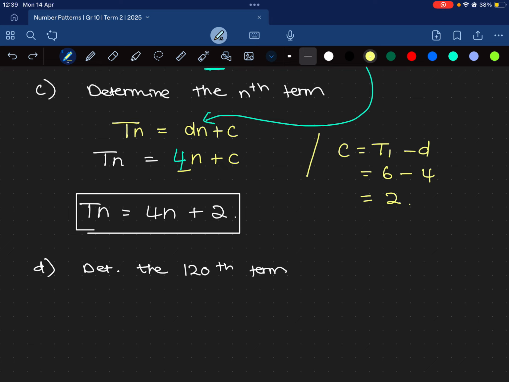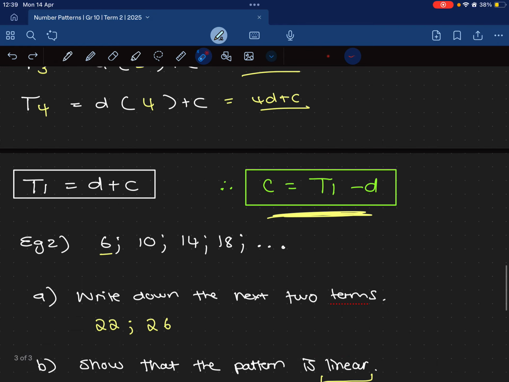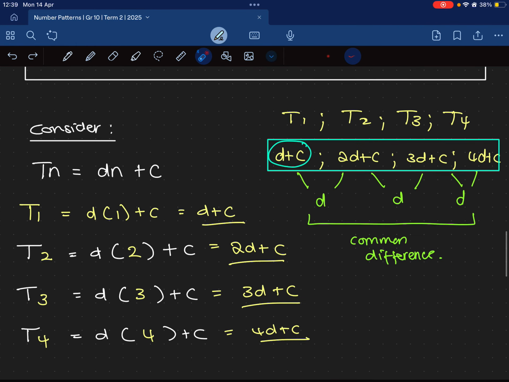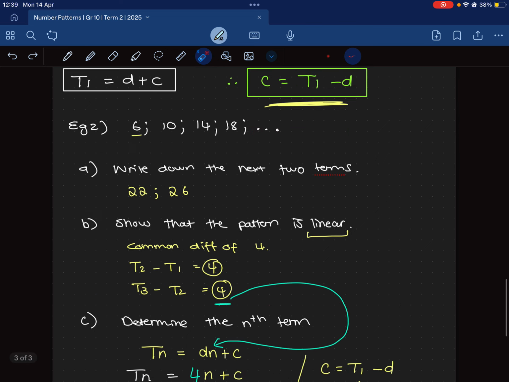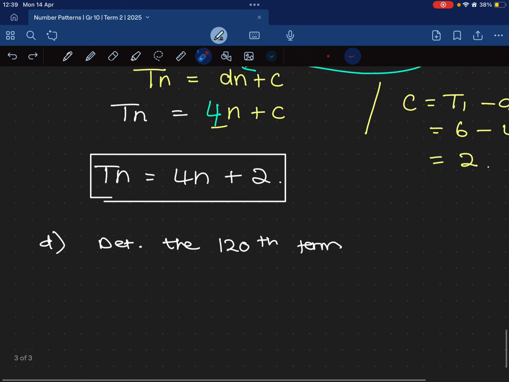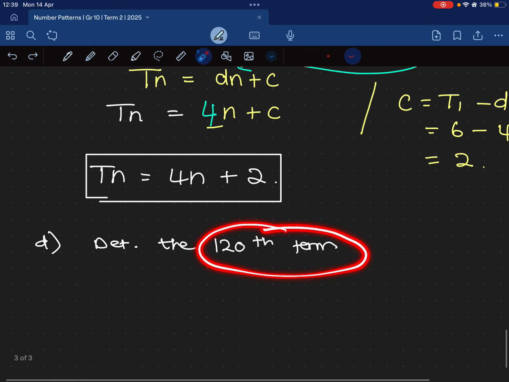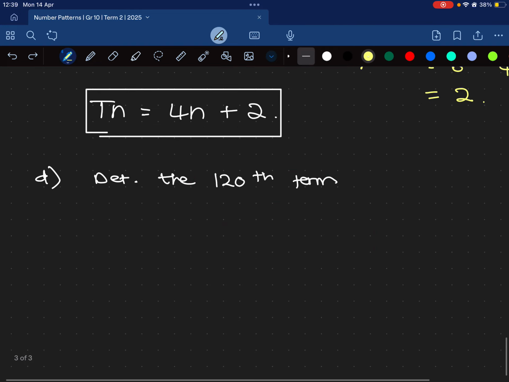In the sense that, is 120 in the number pattern? So are they asking for where 120 is in this pattern? No, they aren't, because they want to know what the 120th term is. So basically they want to know what is T120.